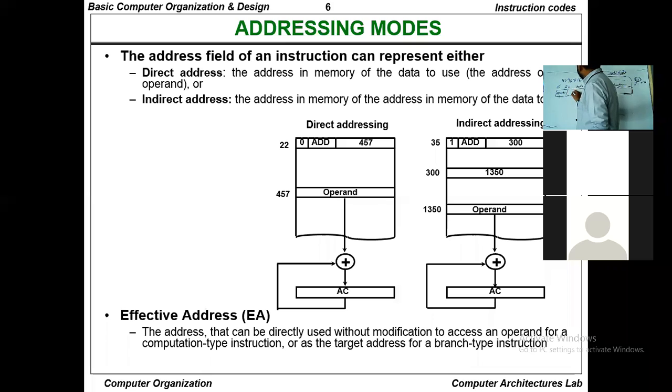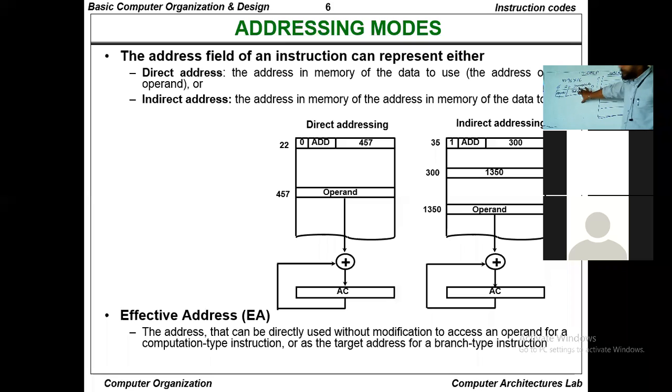If it is data, then it is immediate address. If the second part of the instruction is the data, then it is called immediate address. This means we no need to access the memory for accessing the data.